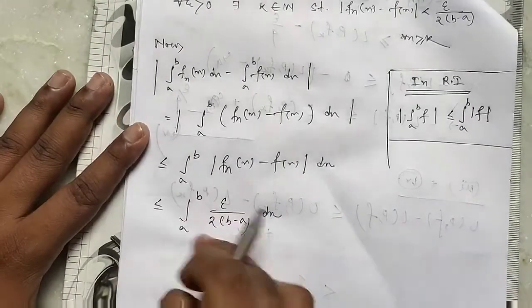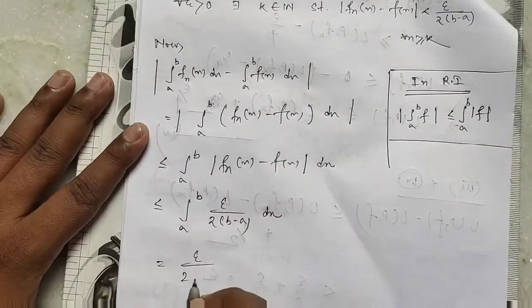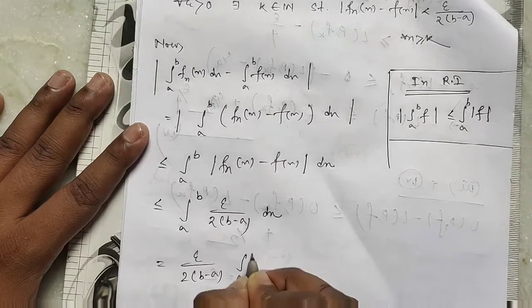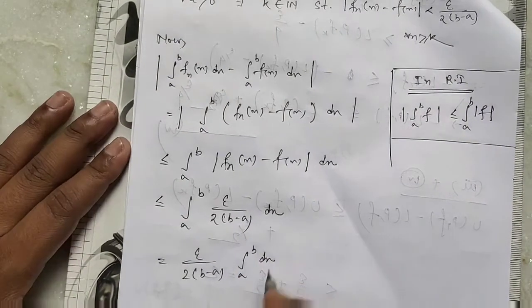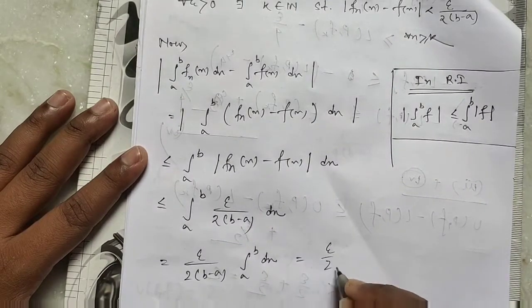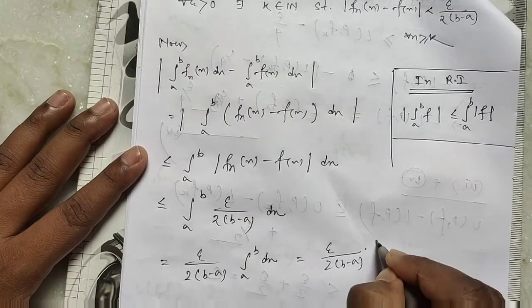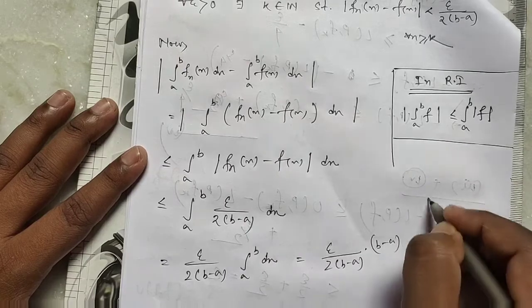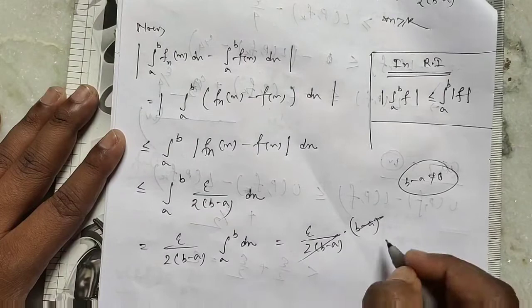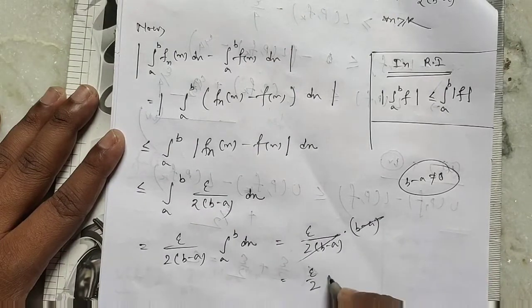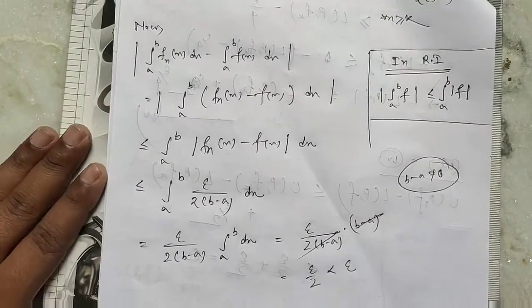This is a constant term, so it is epsilon by 2 into b minus a times integration a to b dx. If we integrate, this is equal to epsilon by 2 into b minus a times b minus a. Since b minus a is not equal to 0, b minus a cancels out. This is equal to epsilon by 2, which is less than epsilon.